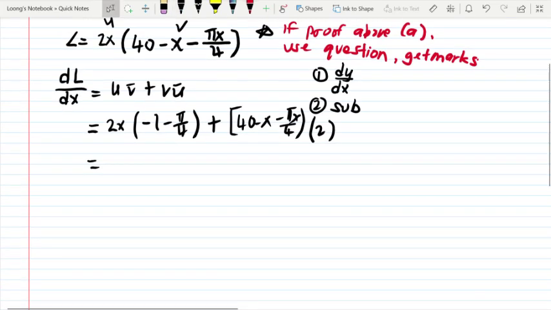And later we multiply it and simplify it. Eventually we will get something like 4x minus pi x plus 80.